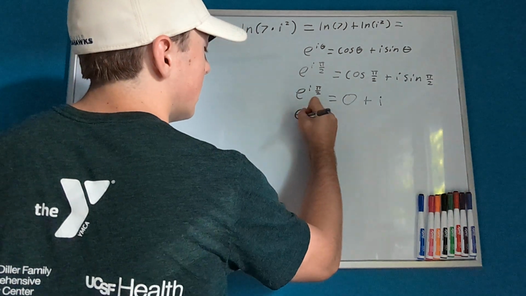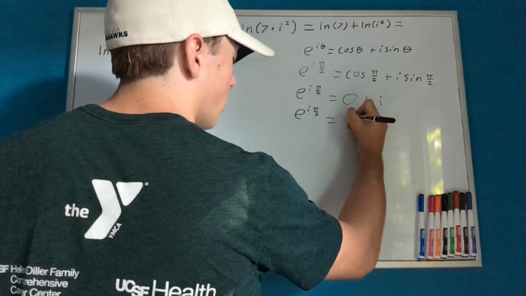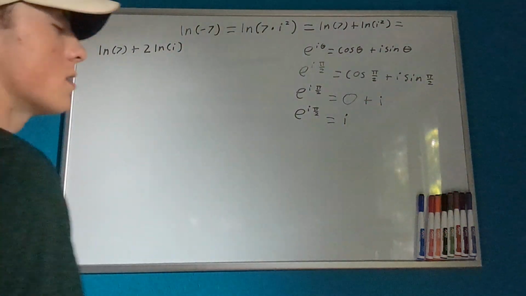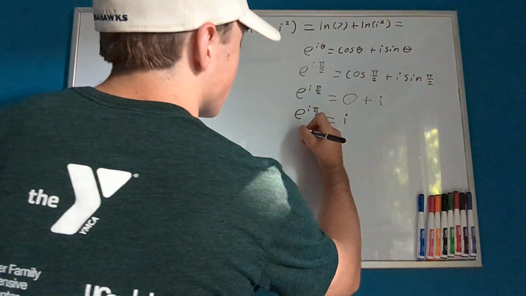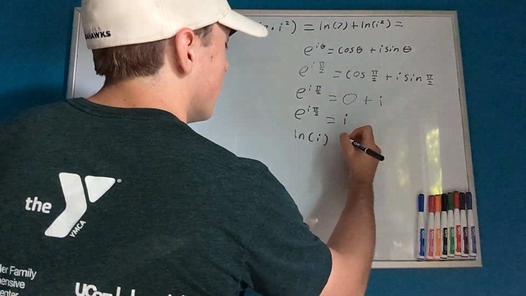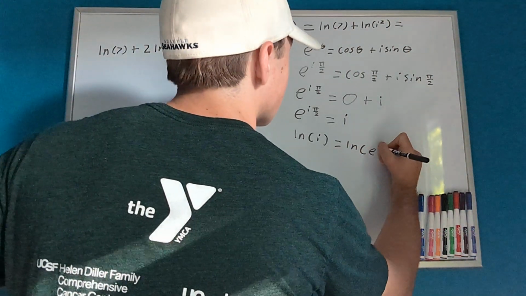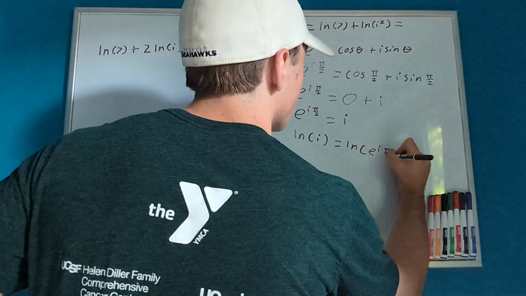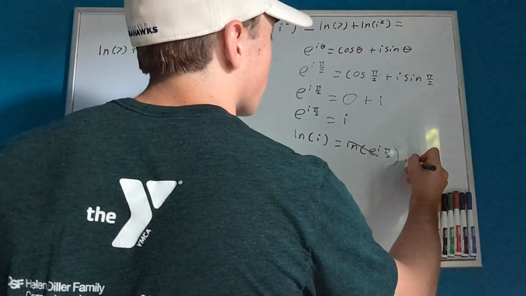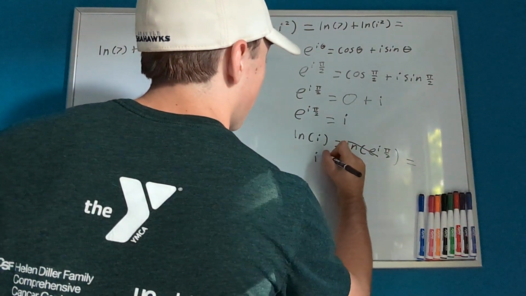So then we can say e to the i pi over 2 equals i. Okay? So then let's evaluate what the natural logarithm of i is. So we have the natural log of i equals the natural log of e to the i pi over 2. Well, the natural log and the e will cancel out, and that just leaves us with i pi over 2.